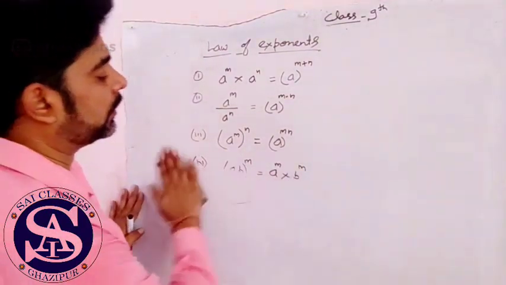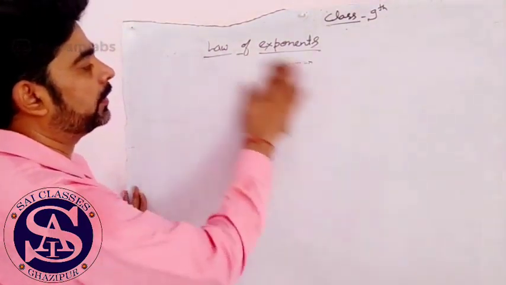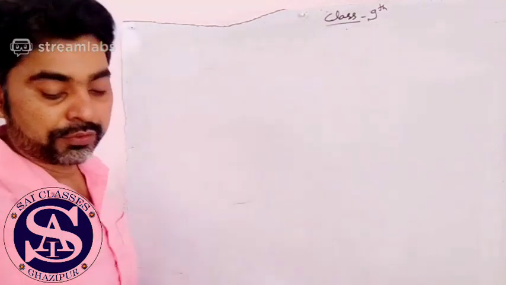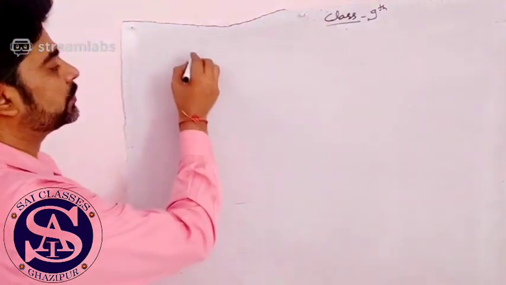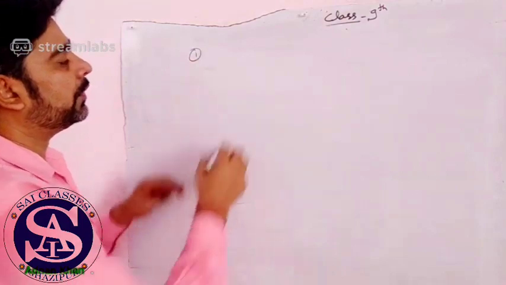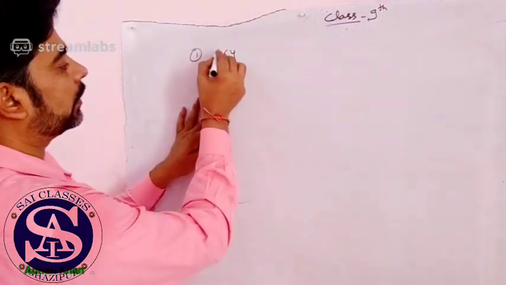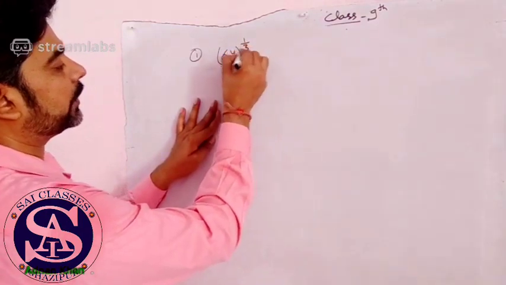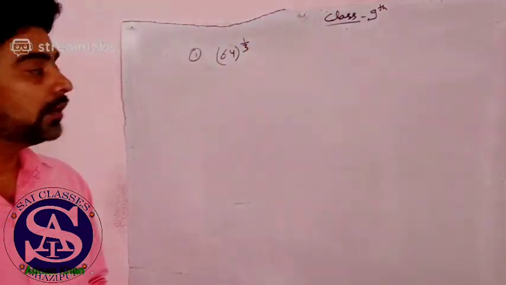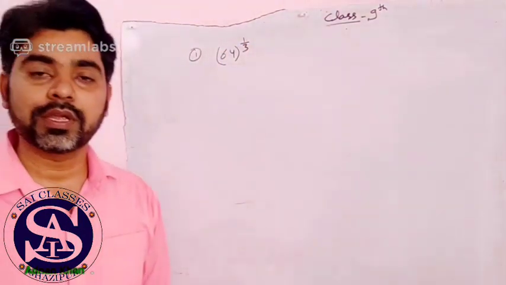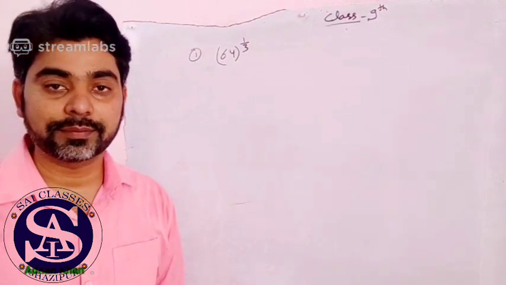Now, let's see some examples related to exponents. Suppose we are given 64 raised to 1 upon 3, and we have to find its value.